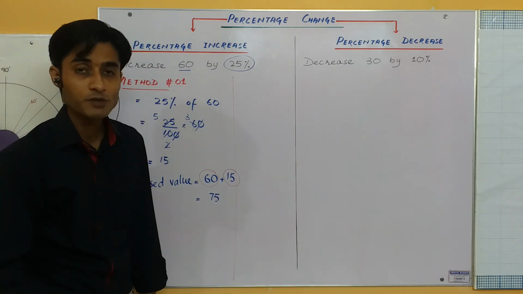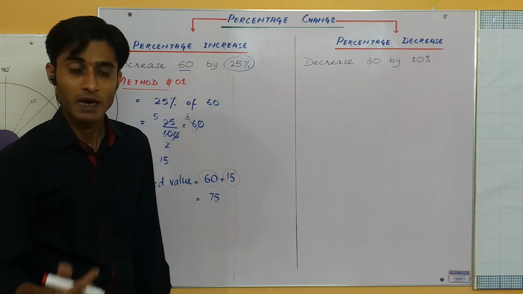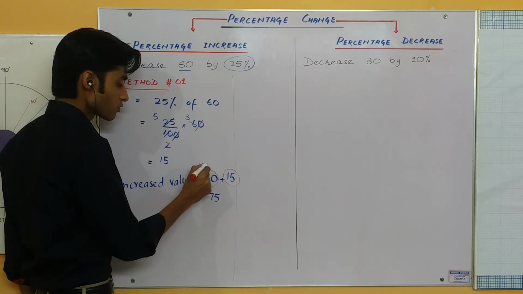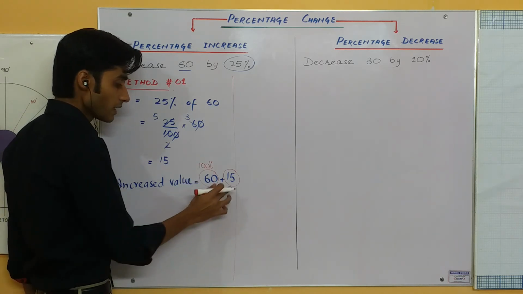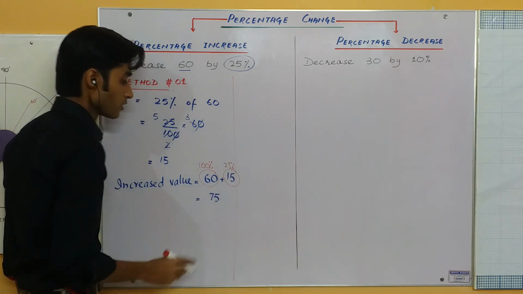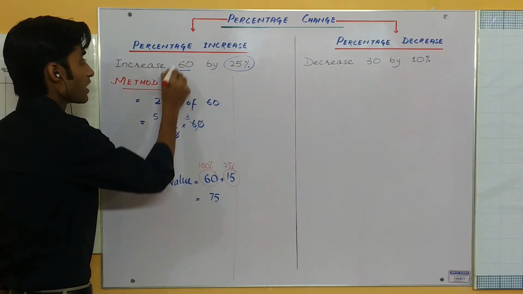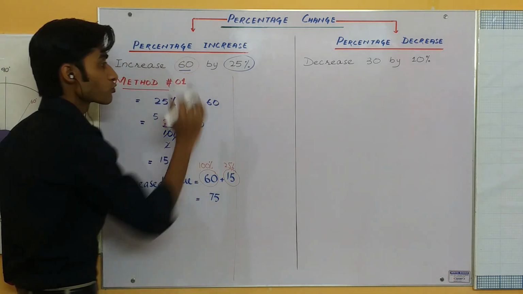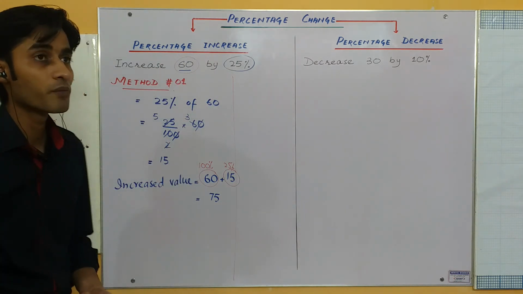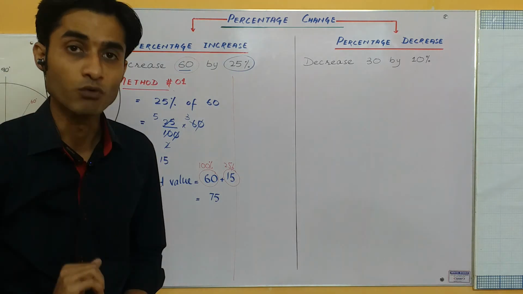60 is how much percentage of itself? Anything is 100% of itself. So I can say 60 is actually 100% and 15 is actually how much percent? 25%. So when I had a value which was 60 and I am supposed to increase it by 25%, what is the overall percentage of the final value?